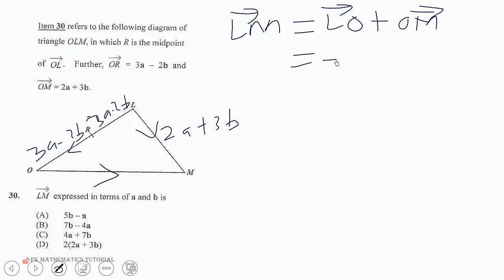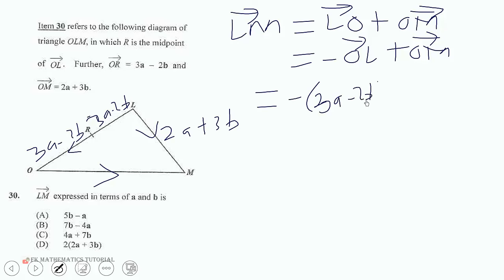So this will give you negative vector OL plus vector OM. Vector OL is 3A minus 2B plus 3A minus 2B, so negative of that, then plus vector OM, which is 2A plus 3B.